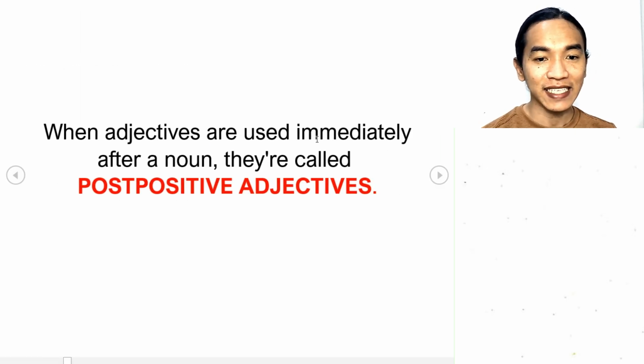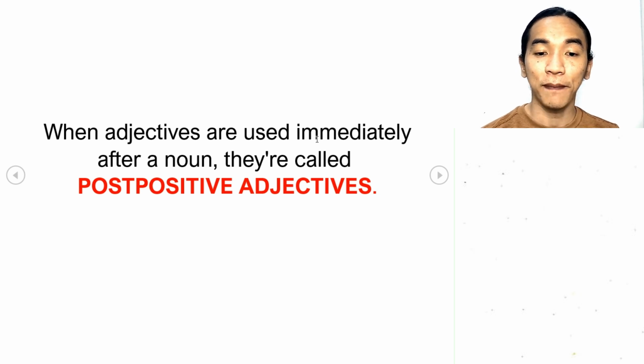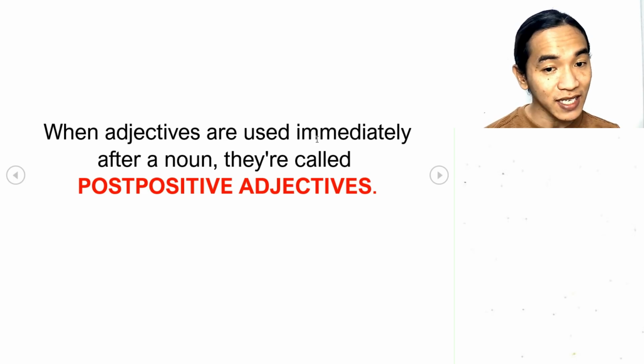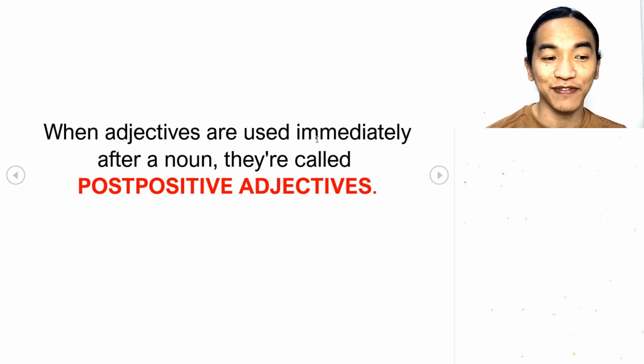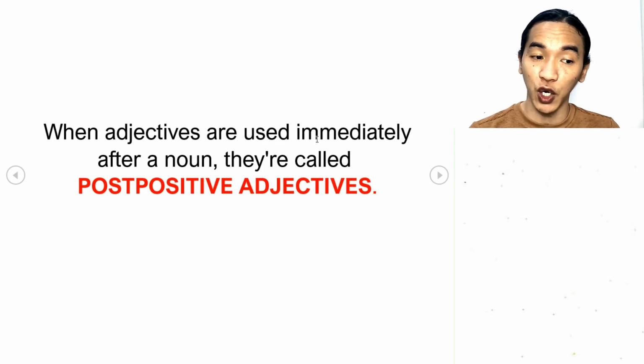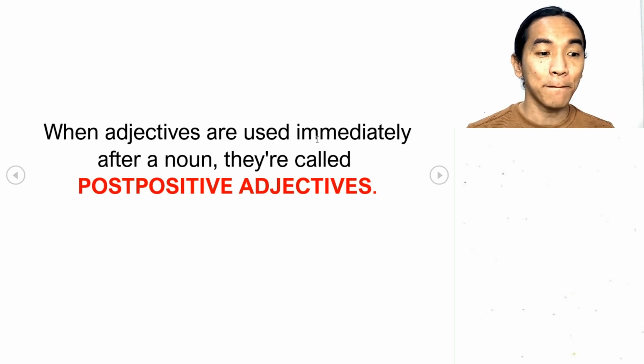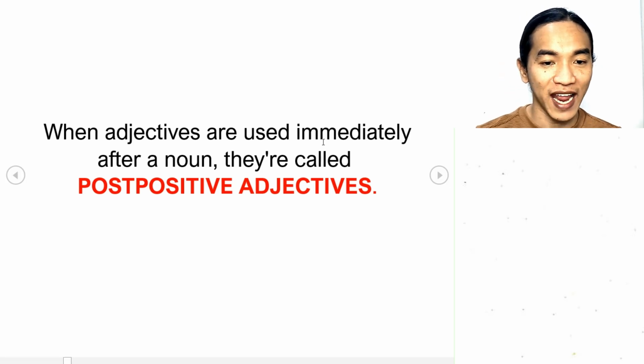So, in this case, when adjectives are used immediately after a noun, they are called post-positive adjectives. So, post-positive adjectives, okay, once again, are adjectives that come directly or immediately after a noun. So it means there are no words in between them, but they come directly after your nouns.